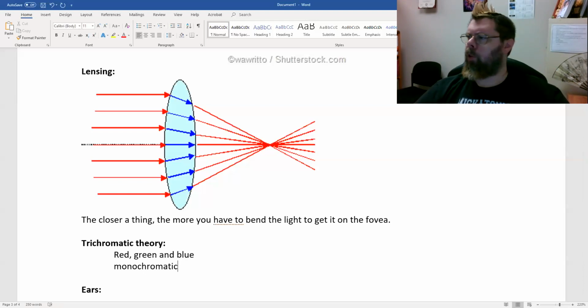What that means is, being diurnal animals walking around in daytime, the rods are almost always totally overwhelmed. And so they are constantly in a refractory period and a reset period. So they're not doing any work for you right now.